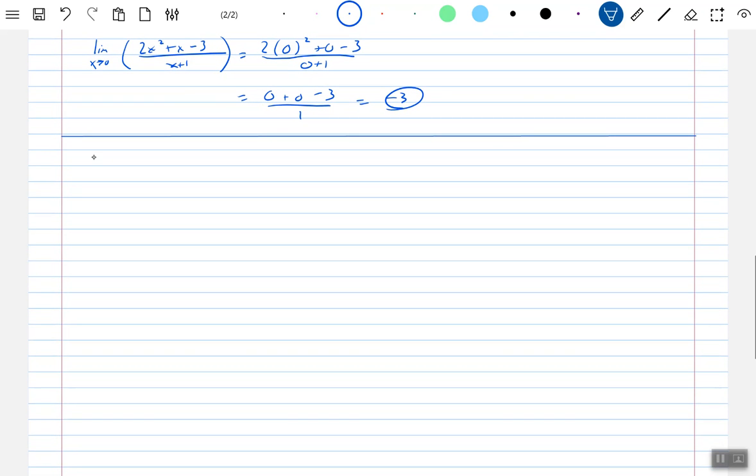Let's evaluate the limit as x goes to 0 of sine of 3x squared divided by x. Let's try this one. Now what happens if you plug in 0? Well, then you get sine of 0 squared, which is just 0, and you get 0 in the denominator.